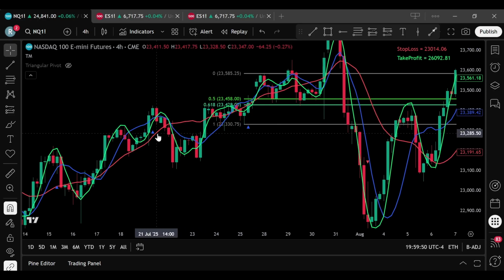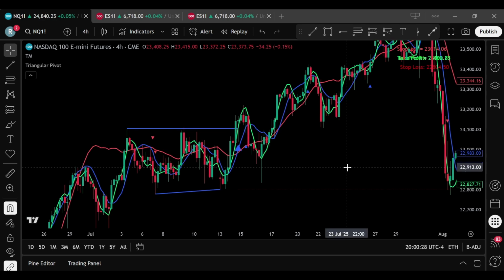And so just right here alone, just in this segment of price action, all you needed to identify was the trend, which is what the Trendmaster is helping us with, and then just the range and where discount and premium is, and just trading in the discount of the range.